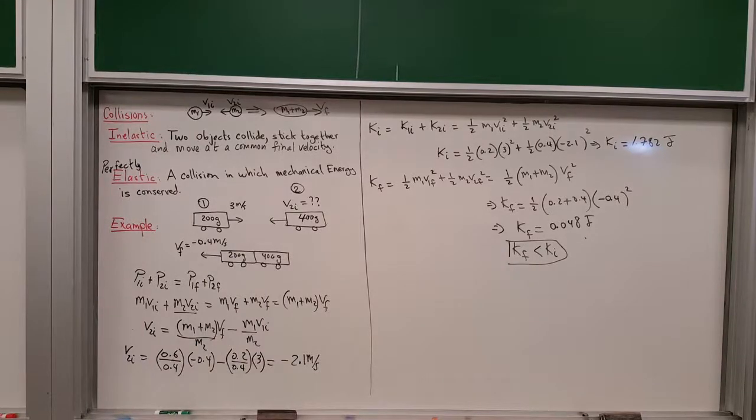So I will pause here. In the next video, we're going to talk about the ballistic pendulum. It's a typical example you see, and it really tests whether you understand when to apply conservation of energy and when to apply conservation of momentum, or both.